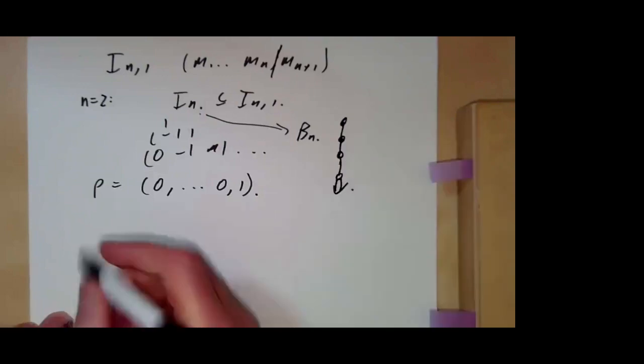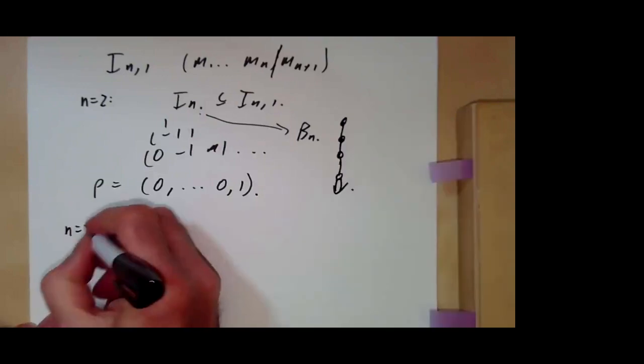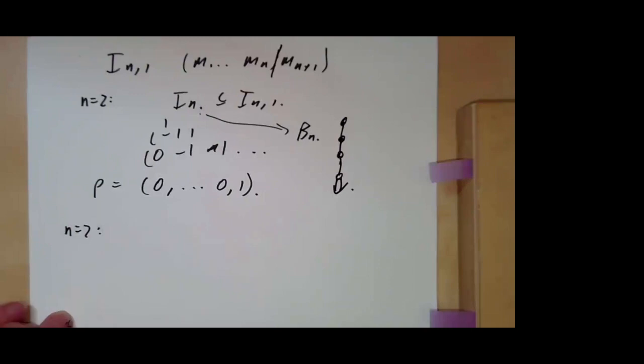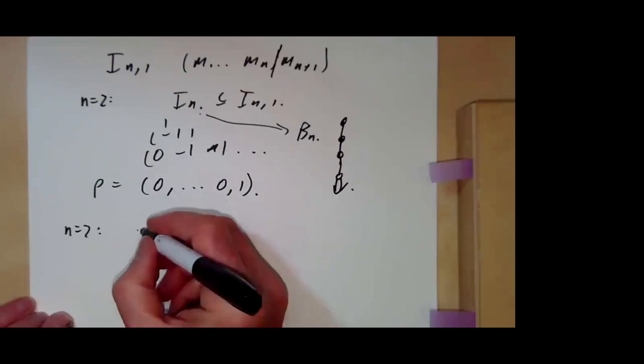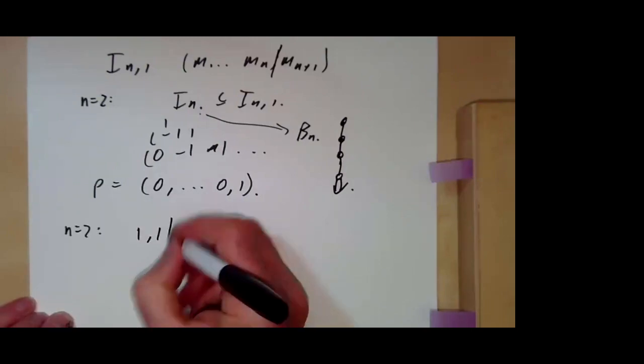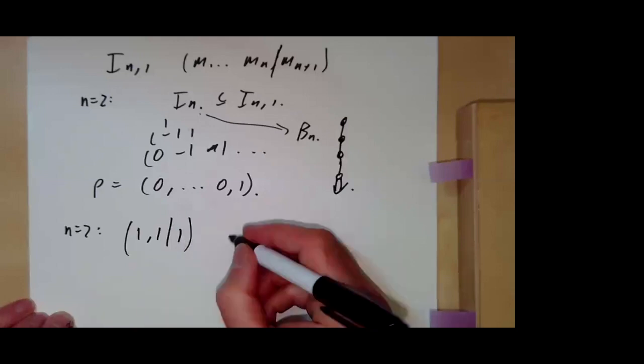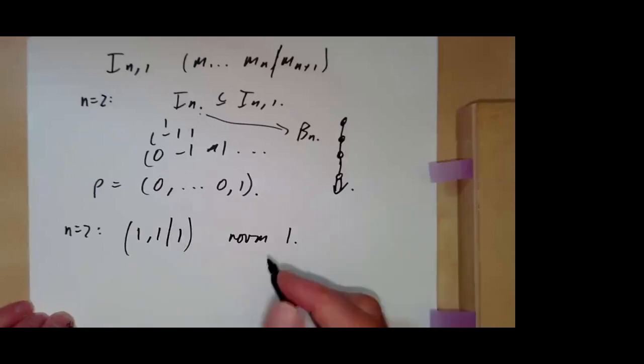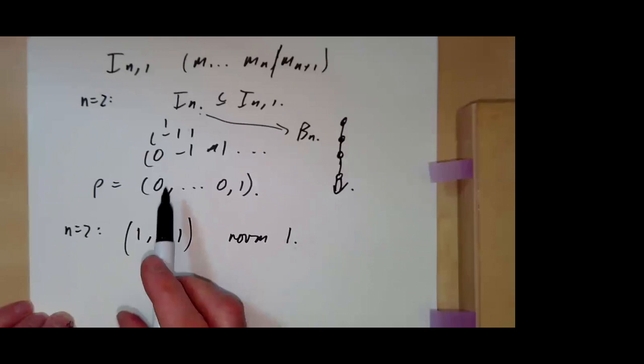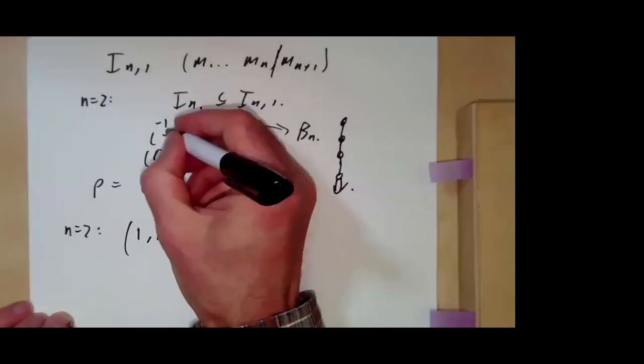And then for n equals 2, we get just one extra point, 1, 1, 1. And this vector has norm 1. Sorry, I've got my signs muddled up a bit. I think that should be minus 1, and these should all be plus 1, minus 1.